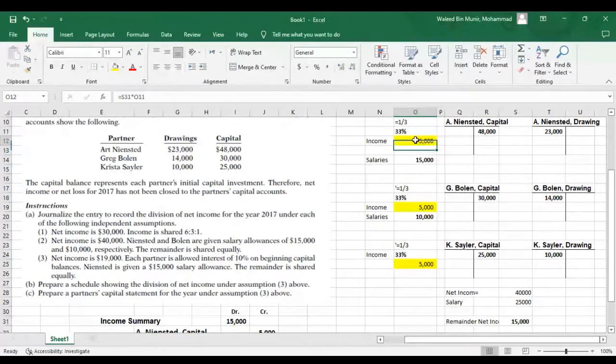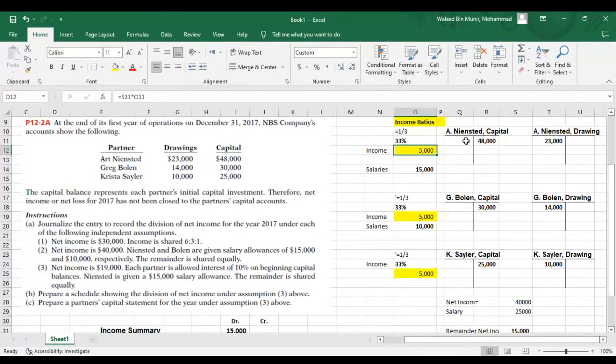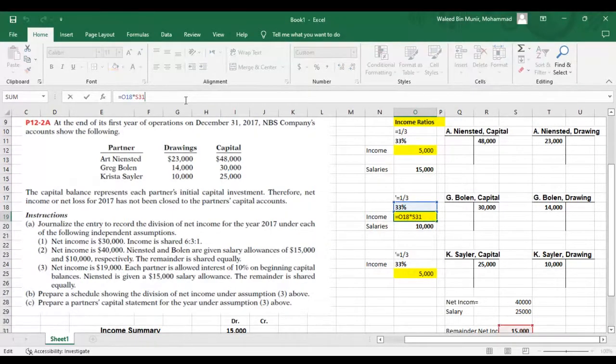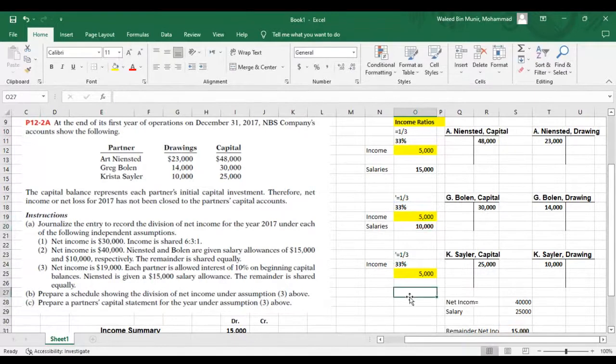So each partner, for example Nielsen, will get 5,000 from income and 15,000 from salary. The other partner gets the same, already calculated by the formula. Okay, is it clear? Yeah, clear, Doctor.